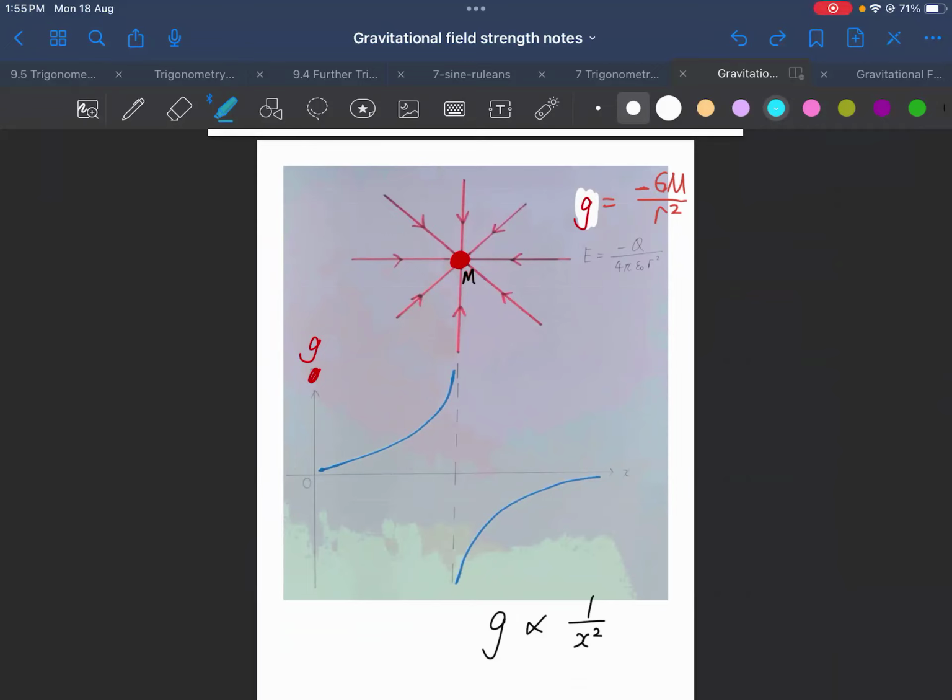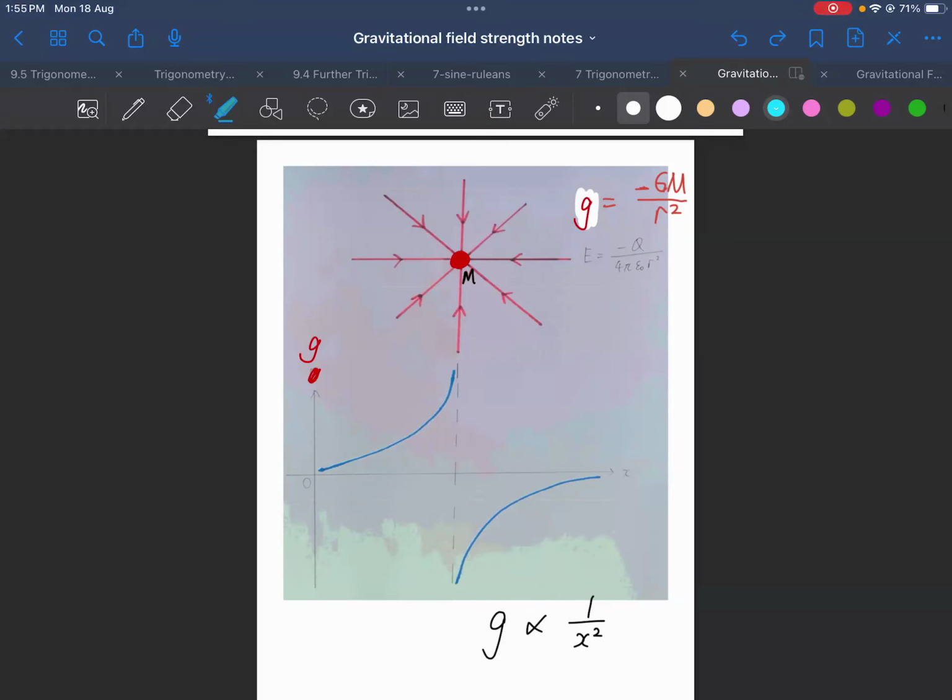Now please understand that if your gravitational field is going to the left, then the gravitational field strength is negative. If your gravitational field is going to the right, then your gravitational field strength is positive, all right? And also, understand that if you are so close to the point mass, your gravitational field strength is pretty huge.